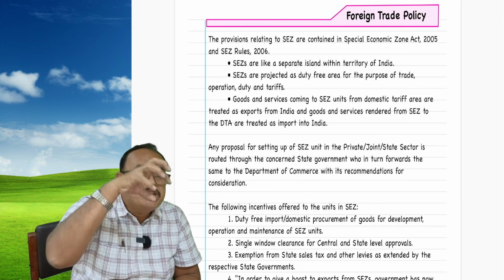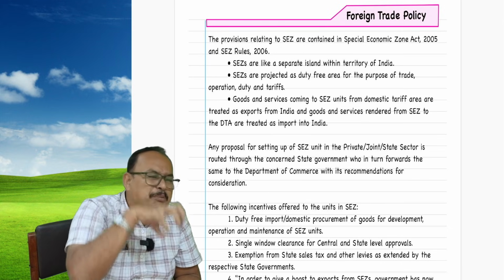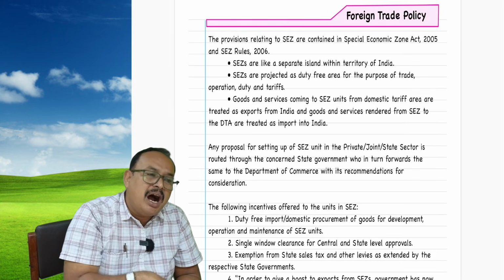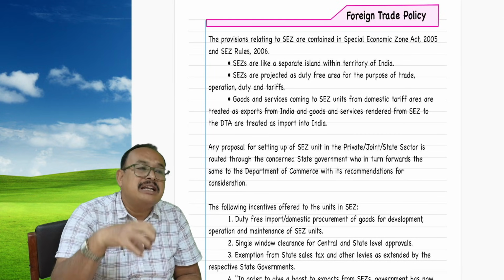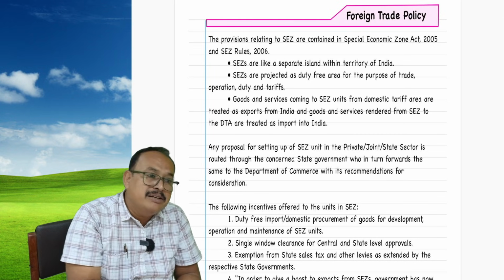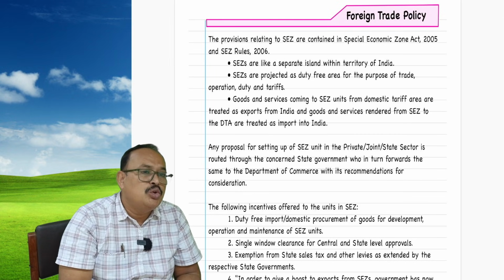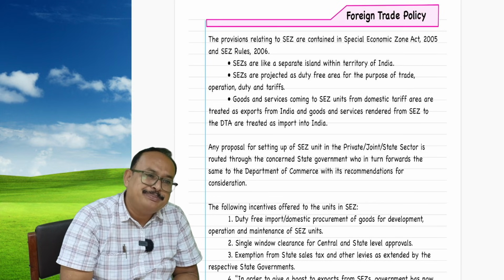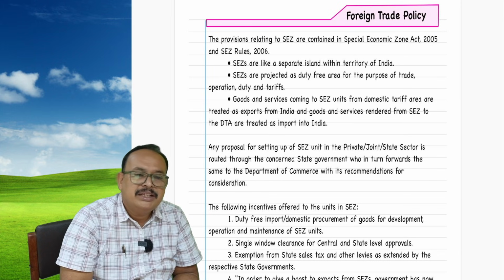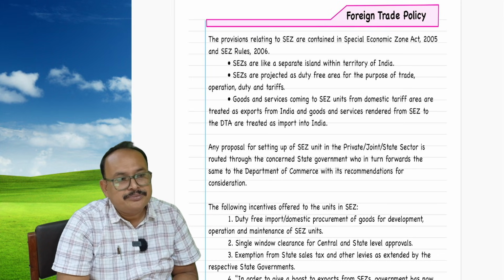That means an SEZ unit is neither liable to pay duty on account of import, nor on account of export, nor on inward and outward supplies. These are duty-free zones, special economic zones. Got the clarity, my dear?